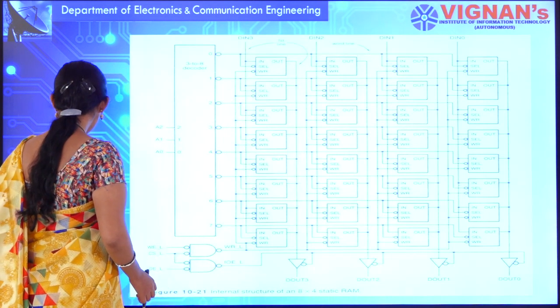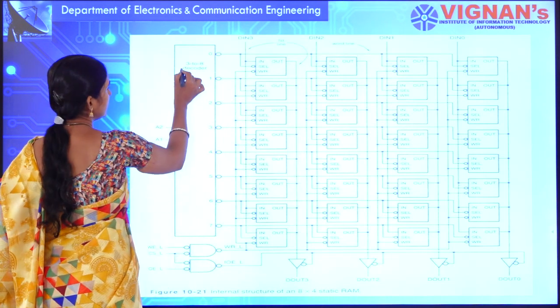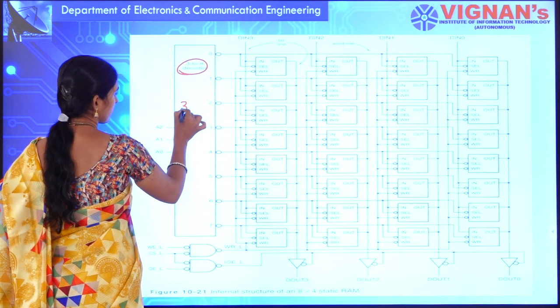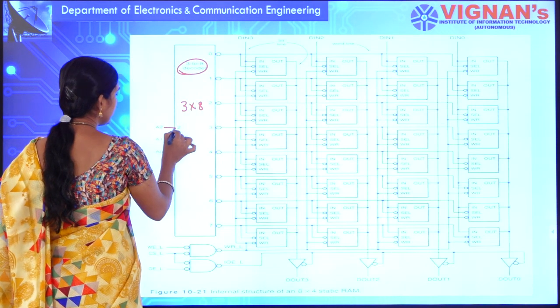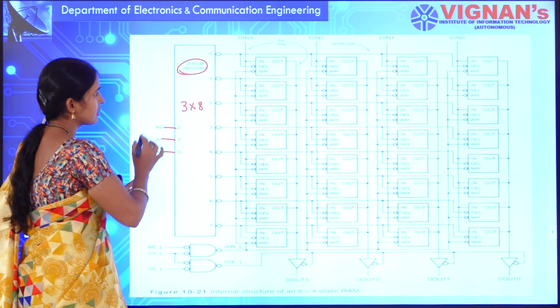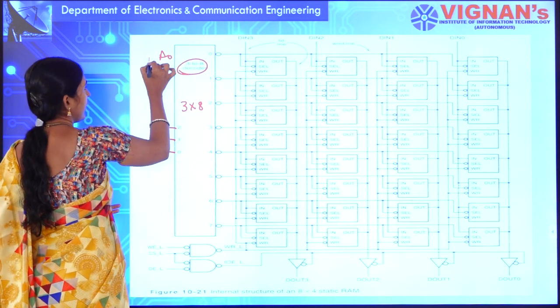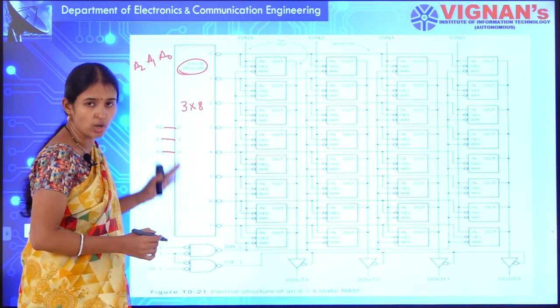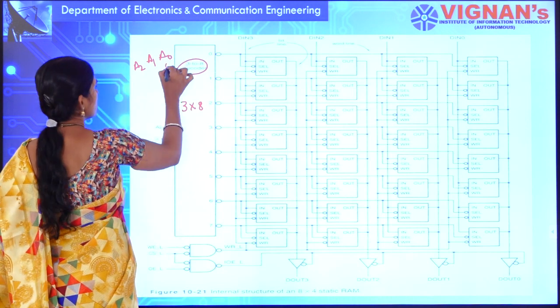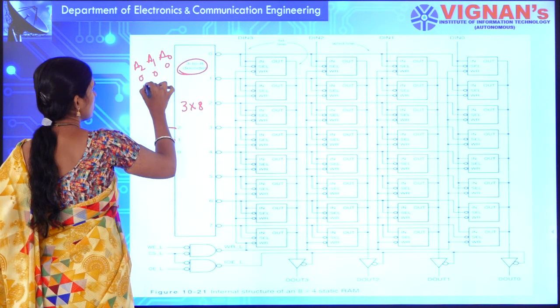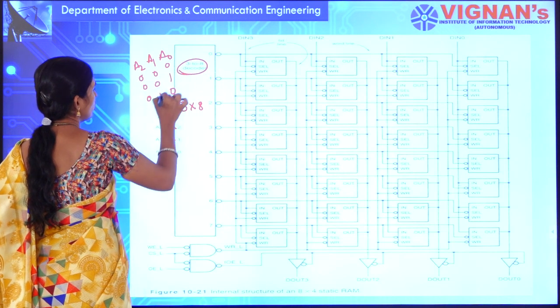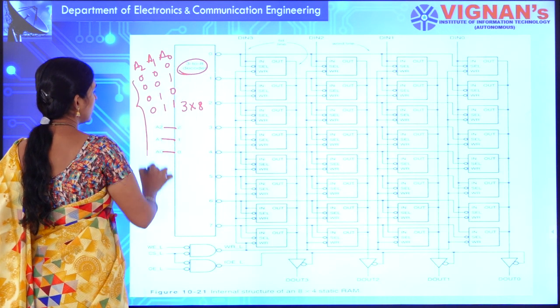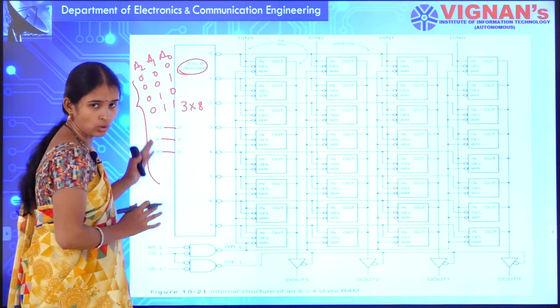Coming here, you have a 3 to 8 decoder. There are 3 inputs, that means 3 address lines: A0, A1, A2. With 3 address lines, how many possible combinations will you get? 0 0 0, 0 0 1, 0 1 0, 0 1 1, like that, a total of 8 possible outcomes.